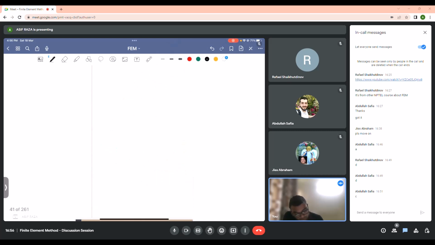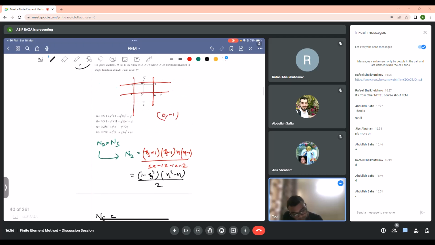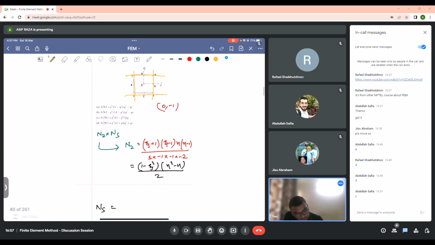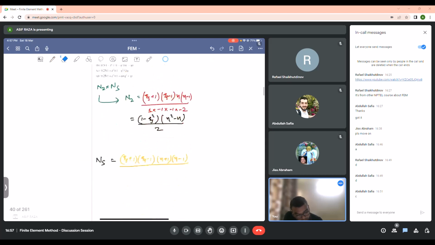Okay, and for n5 we'll use these lines, right? So these are equal to (xi plus 1)(xi minus 1)(eta plus 1)(eta minus 1), and all at the values xi and eta equal to 0, 0.